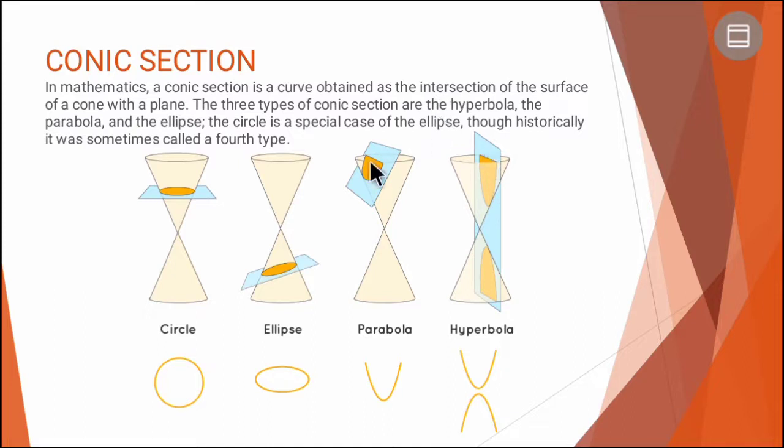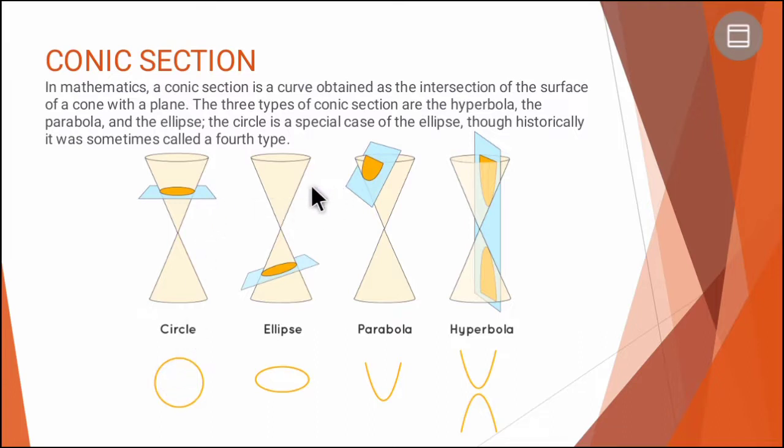So, now, proceed tayo kung how those 4 types of conic section are formed by intersecting a surface of a cone with a plane. So first, how do we form a circle?